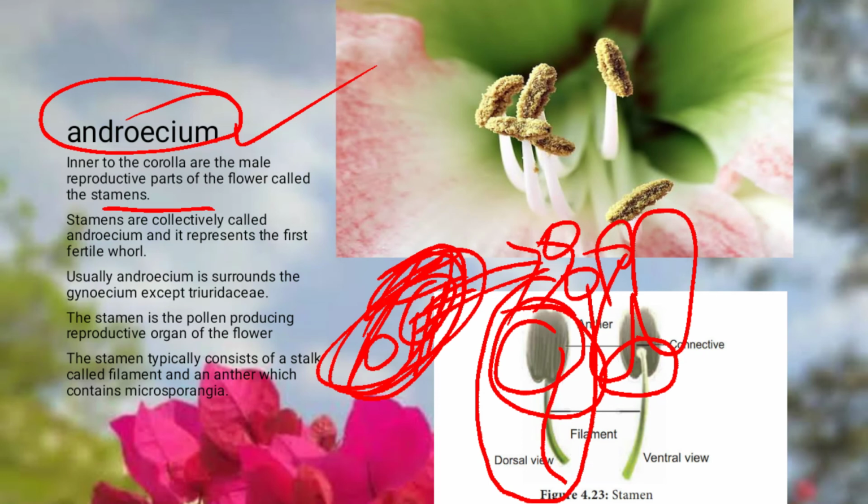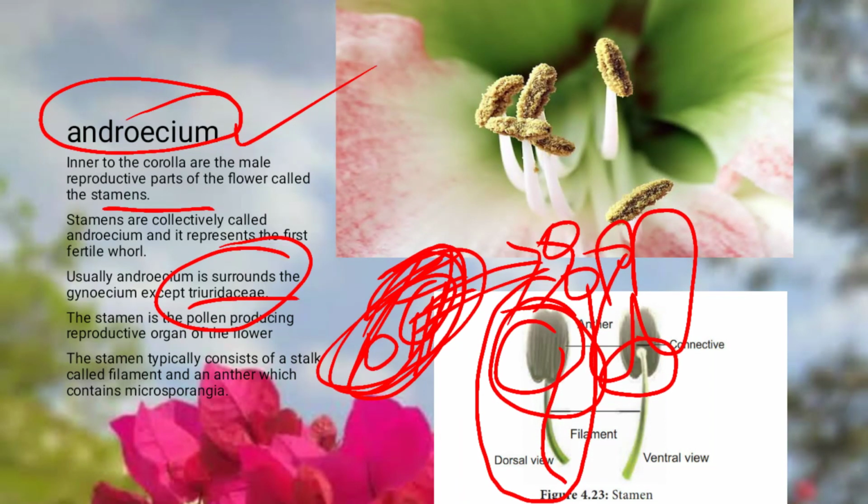Usually the anthers will surround the gynoecium, that is the female part, except in a family called Triuridaceae, where the anthers are surrounded by the gynoecium.